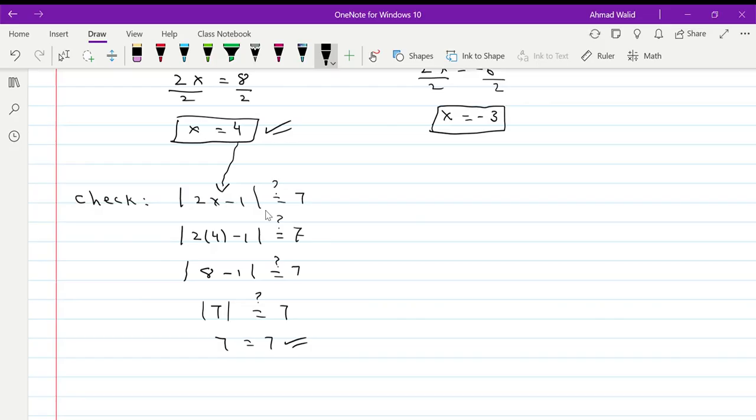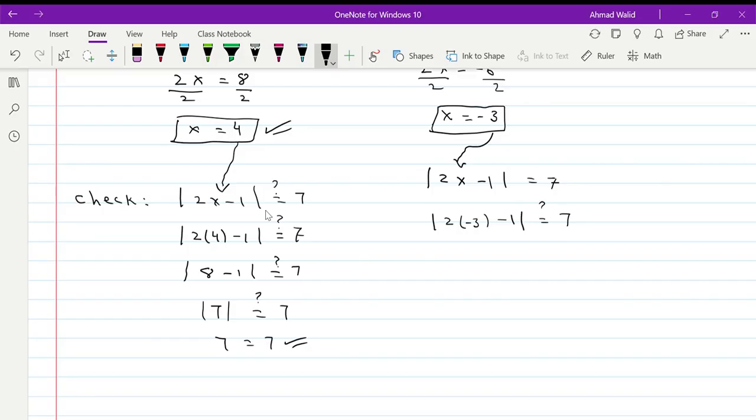Check the other one. Absolute value of 2x minus 1 equals 7. Again, in the original given equation, plug in negative 3 here. Absolute value of 2 times negative 3 minus 1 equals 7.